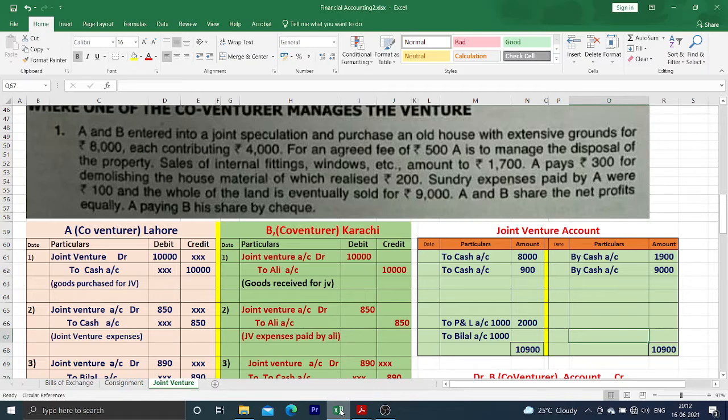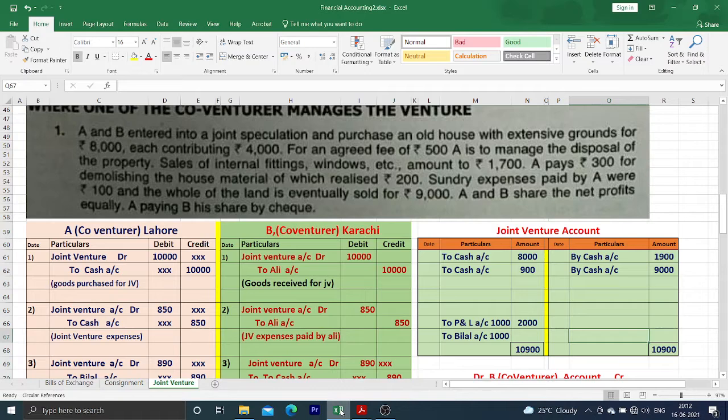The whole of the land eventually sold for 9,000. So the old house is demolished and the land was sold for 9,000 rupees. That is sales. A and B share profits equally. A pays B his share by check.